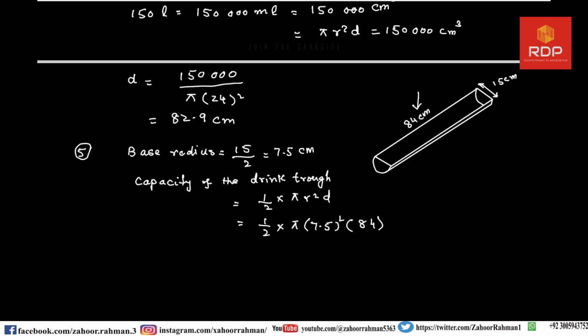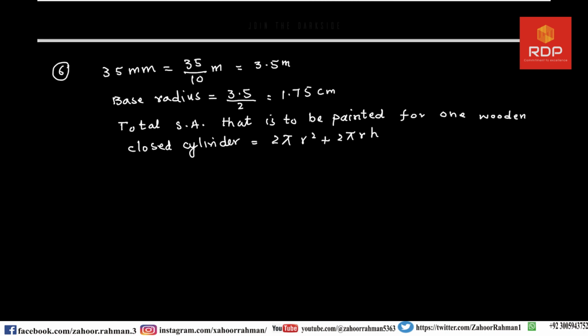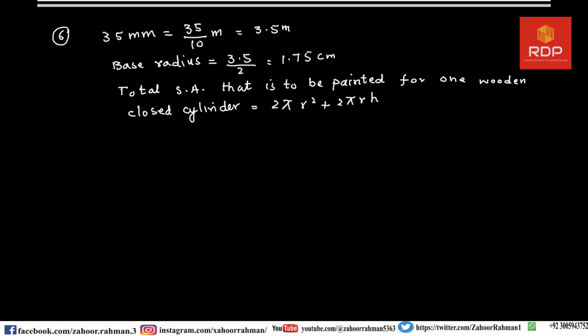Now when we calculate this, we will get 7420 centimeter cube, which when divided by 1000, that will be 7.42 liters, because 1 liter is equal to 1000 centimeter cube. So that is why we are dividing it by 1000, and that was the whole story.